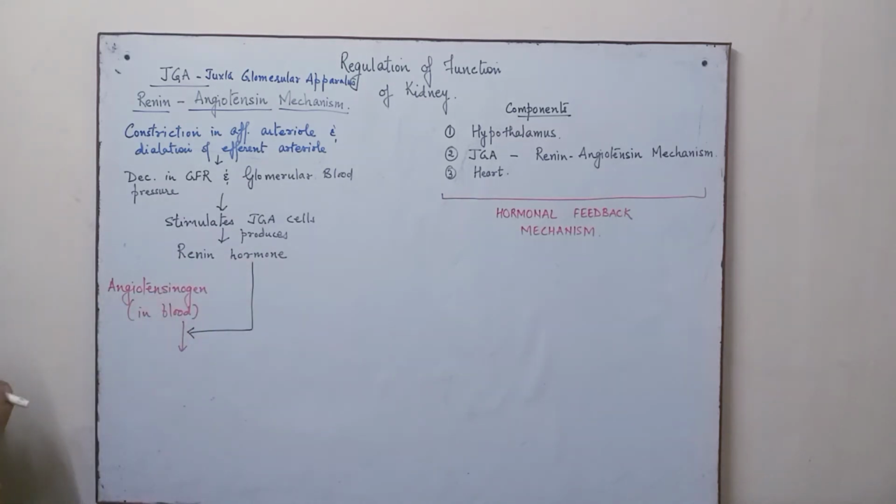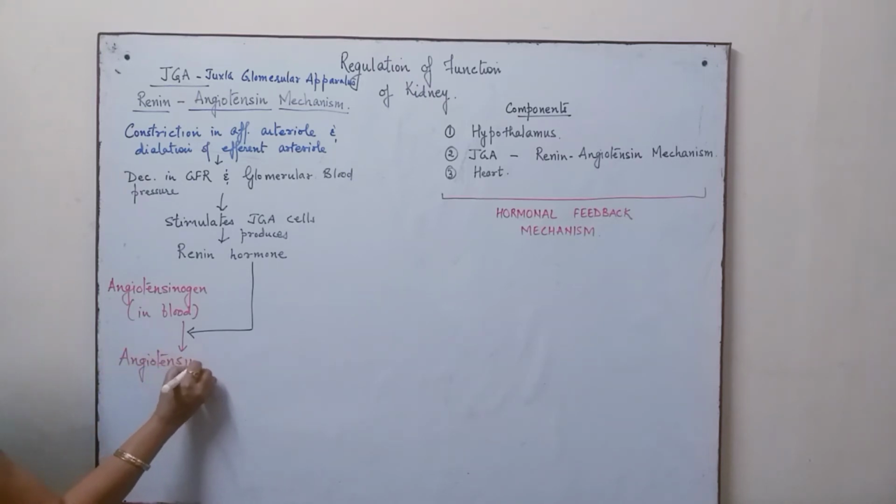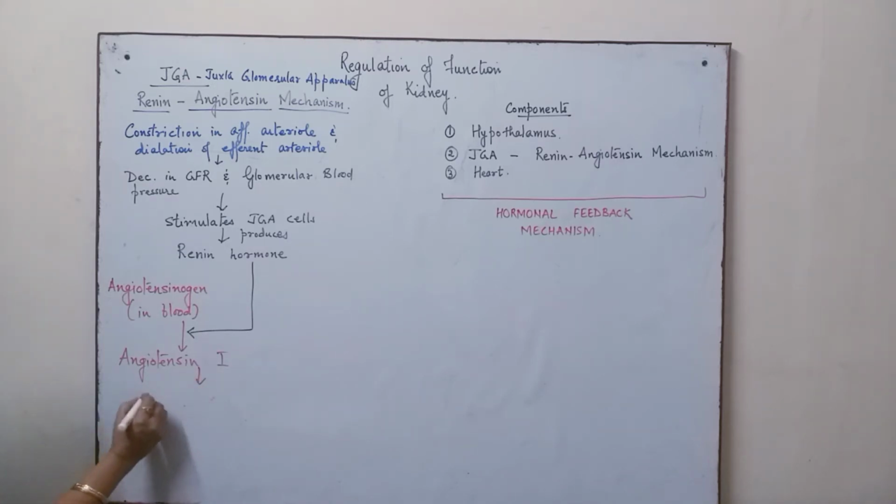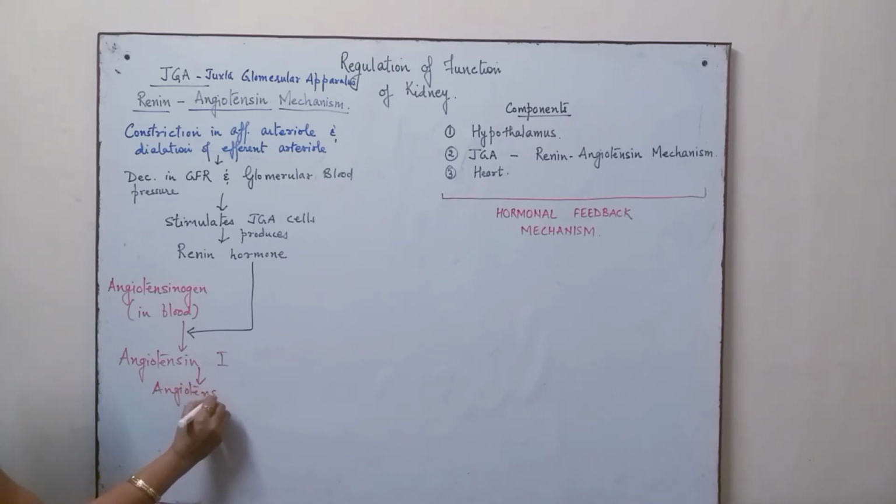At the same time, the angiotensinogen, which is present in the blood in the inactive form, changes into another form, angiotensin 1, and further gets converted into angiotensin 2.